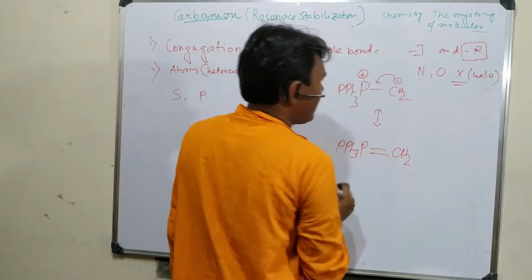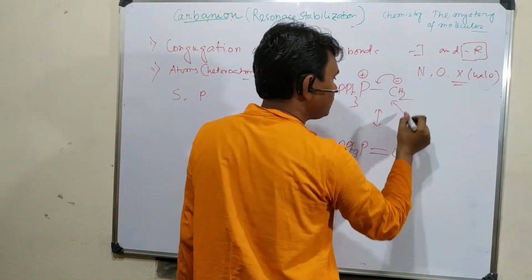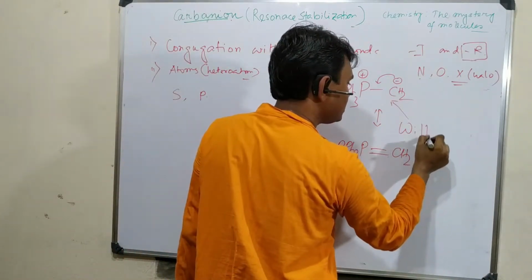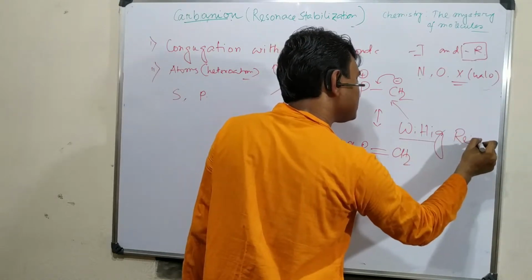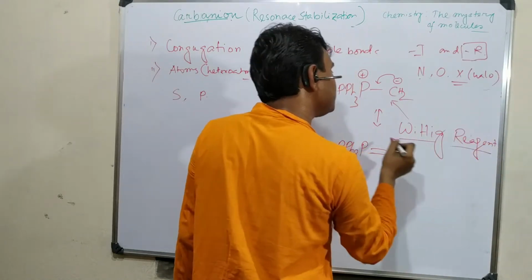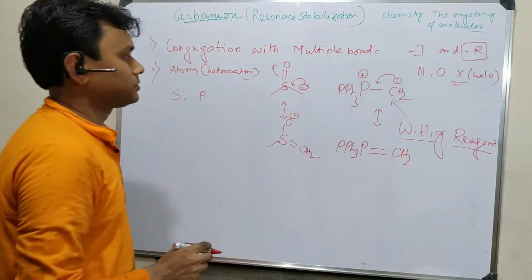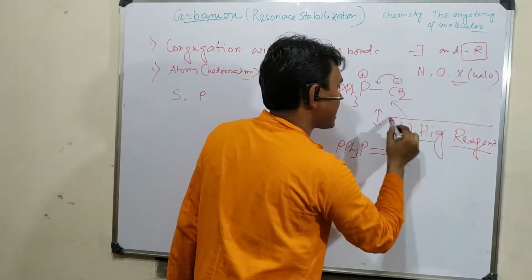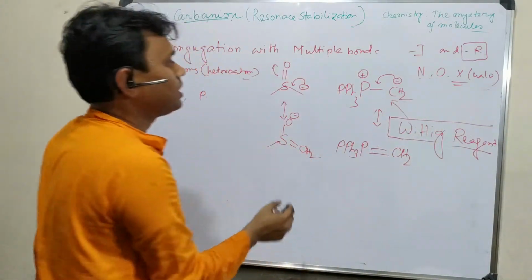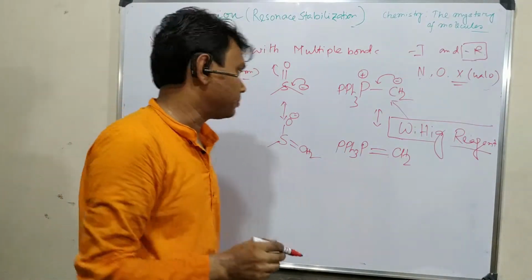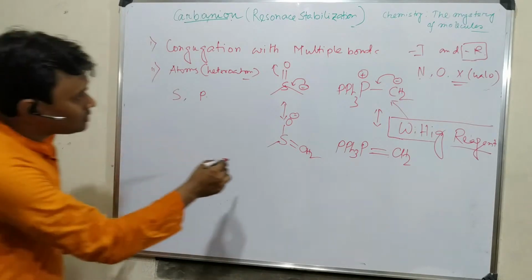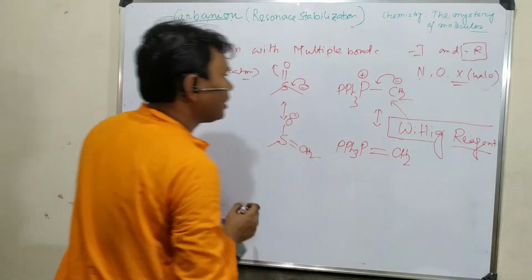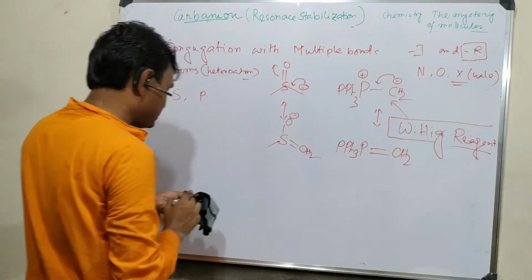This is one of the very famous reagents, the Wittig reagent. This intermediate is utilized in the Wittig reaction, and it is the actual intermediate which reacts with carbonyl compounds to produce a double bond. So in this way, these ylides can stabilize the carbon by conjugation.